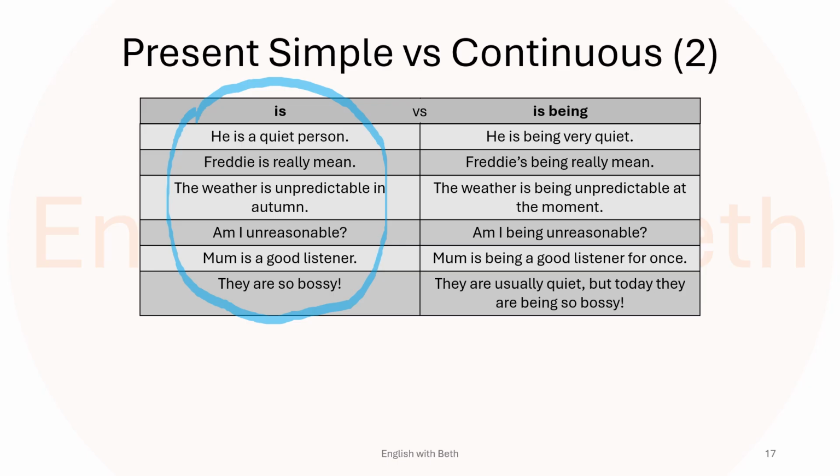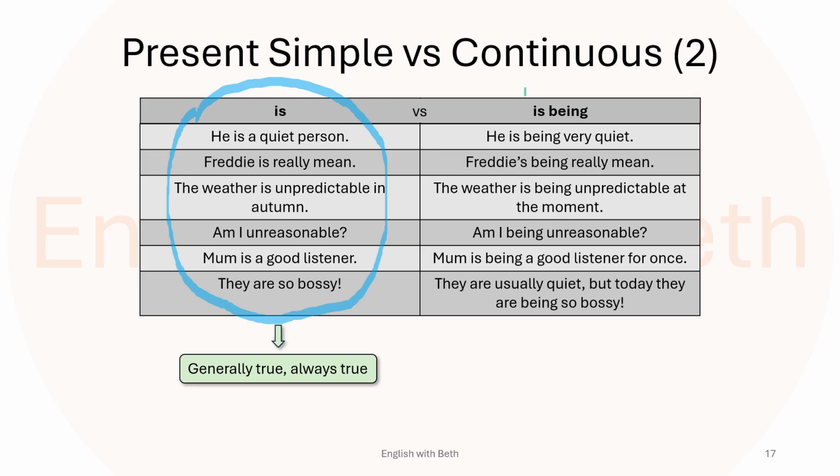The weather is unpredictable in autumn. Am I unreasonable? Mum is a good listener. They are so bossy. Here, these things are generally true or always true. So we have used is instead of is being.